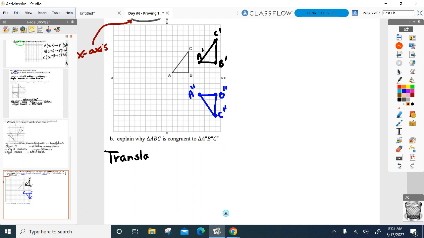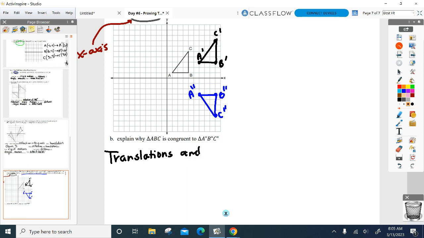Translations. And we don't have to get specific here that we went right 5, up 2, because it was already told in the directions. If you write it in, that's fine, but we don't have to tell what you did because it was already in the directions.